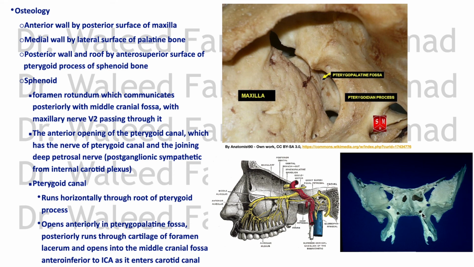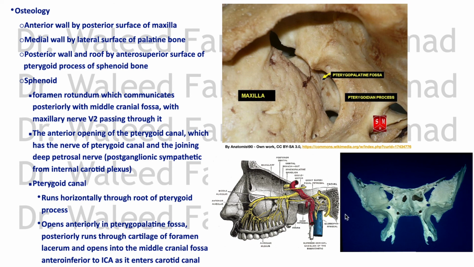Now, this is the pterygoid canal. And this is the foramen rotundum. The foramen rotundum connects it to the middle cranial fossa, as well as the pterygoid canal. It's to the middle cranial fossa too, but at a different site where the internal carotid artery is.